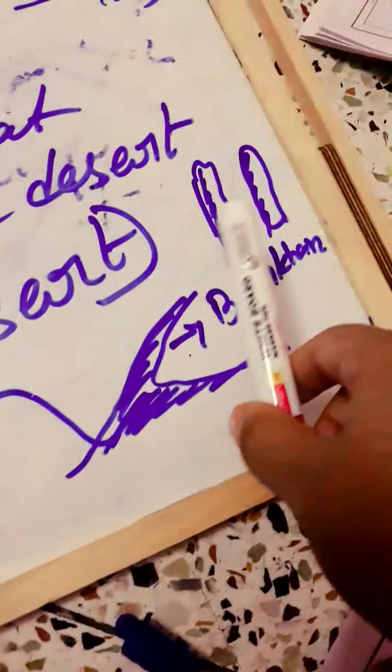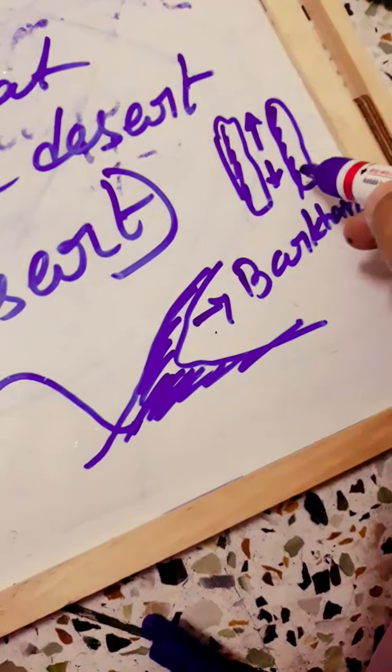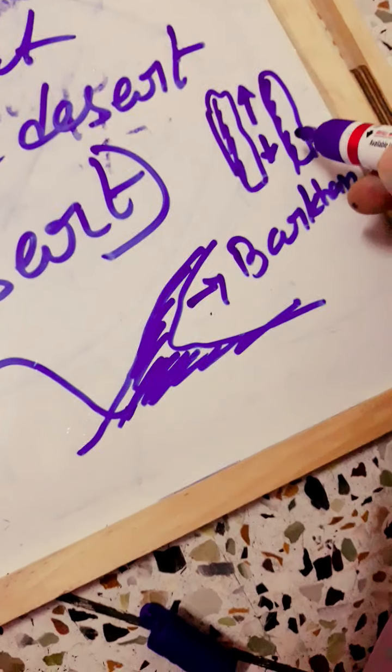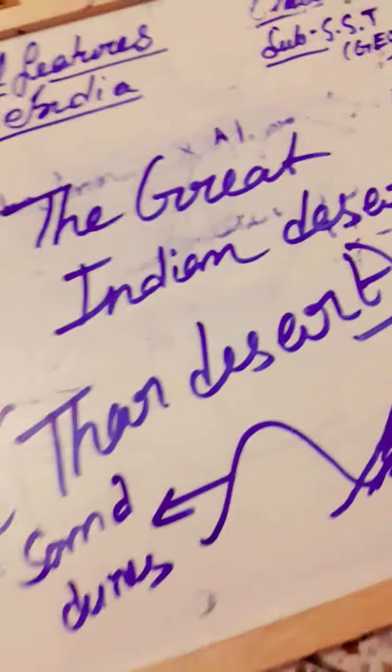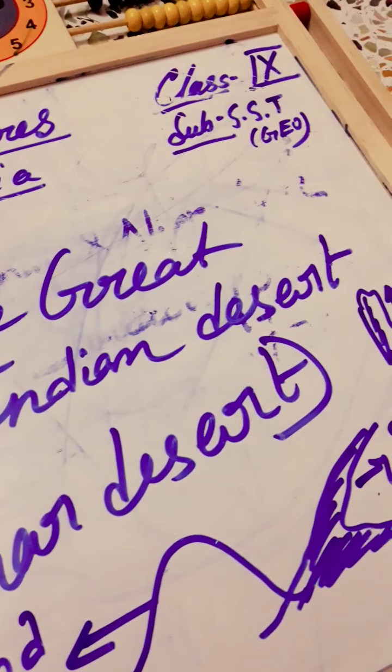This is a longitudinal landform. This type of landform is also noticeable in the desert area. So these are the main characteristics, and rainfall is very less in amount.